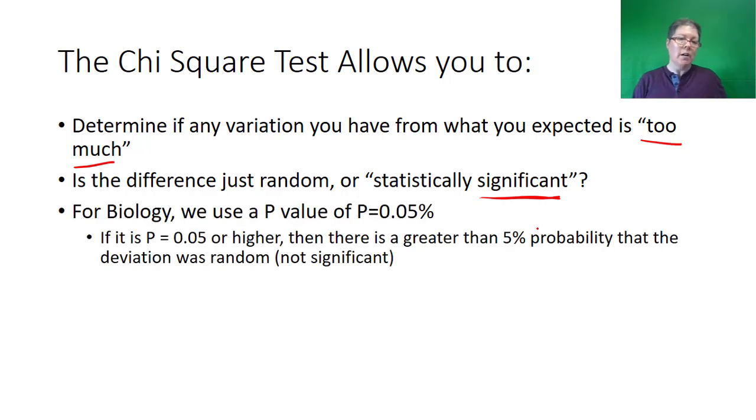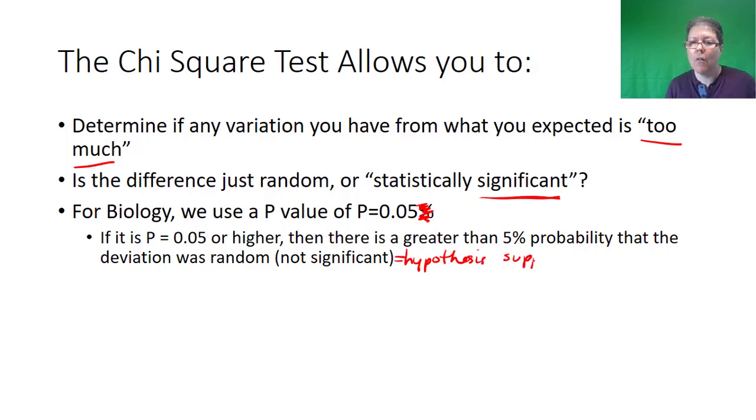So for biology, we use a probability or a p-value of 0.05, which is 5%. Actually, there shouldn't be a percent there. 0.05. So basically, if your p-value is equal to 0.05 or higher, then there's a greater than 5% probability that the deviation was random, not significant. Hypothesis accepted or supported. I'm going to go with supported.